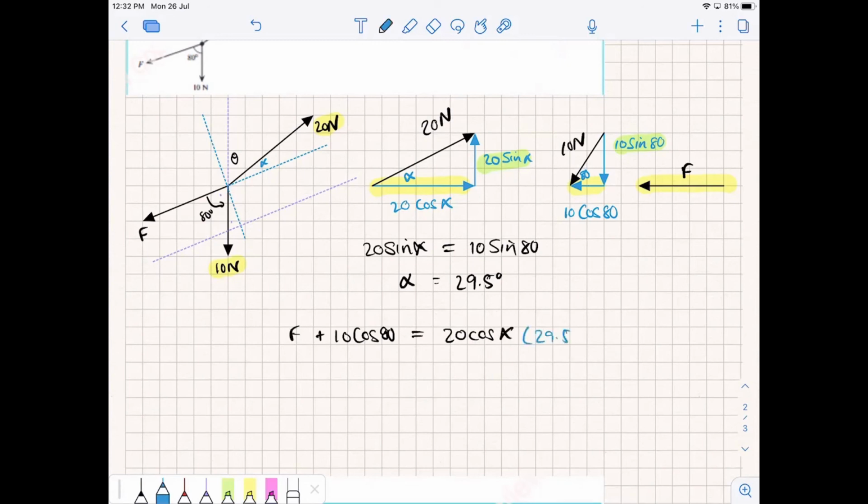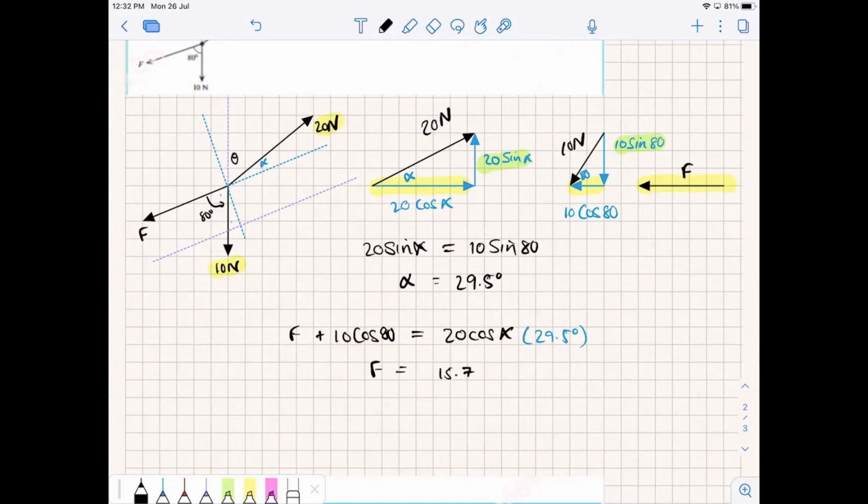It's 29.5. Well, this is a rounded figure, so you'd use the actual number saved in your calculator. And again, just doing some basic inputs on your calculator, you can solve for force F as 15.7.